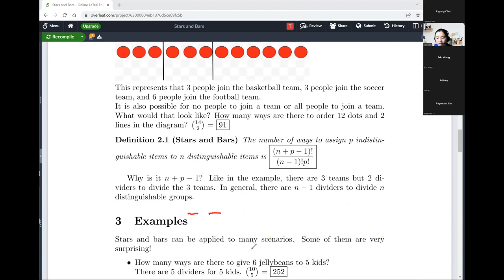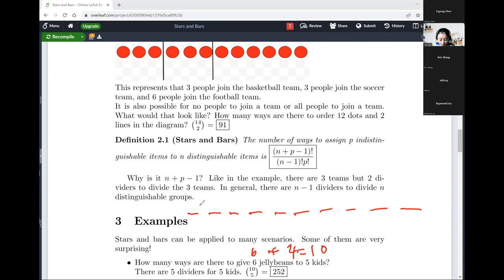Since we have six jelly beans and we have 4 dividers, the total amount of objects is 10. So we have 10 spaces, and we need to choose 4 of those spaces to be our dividers.